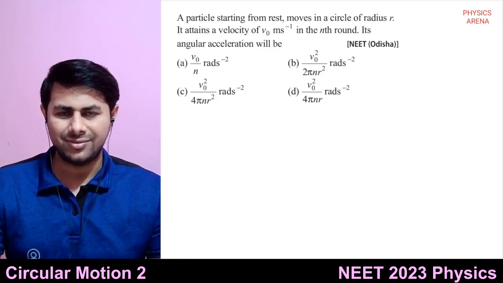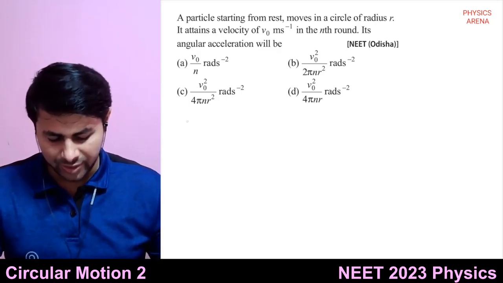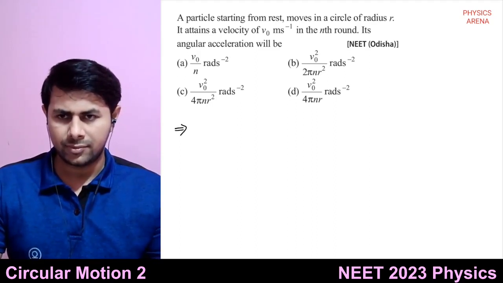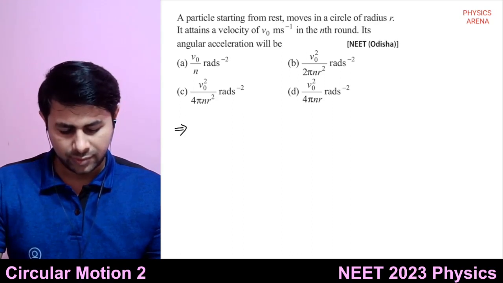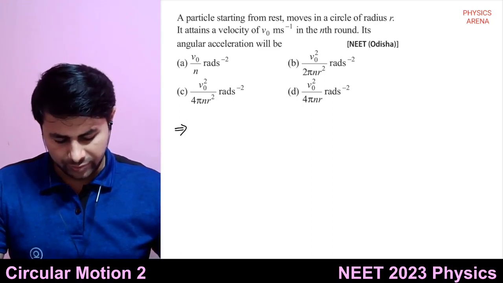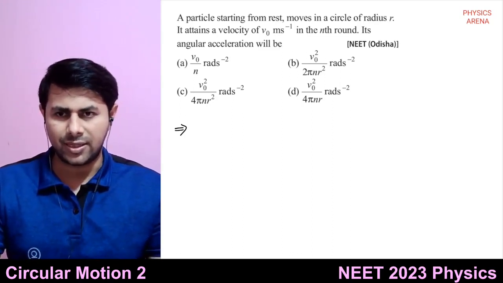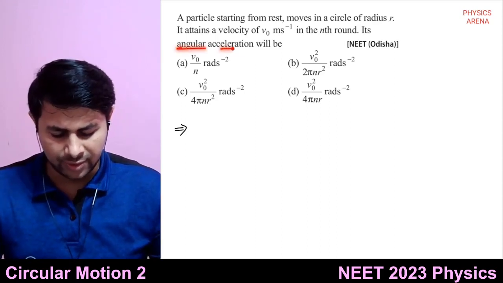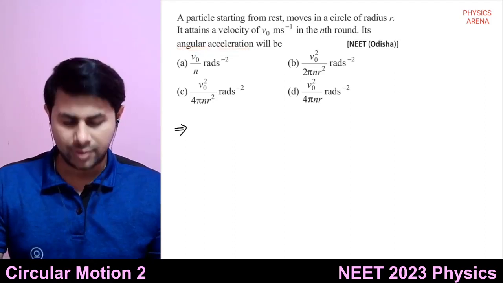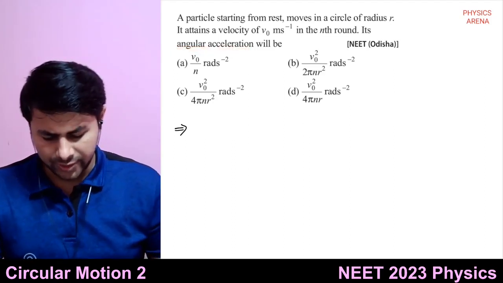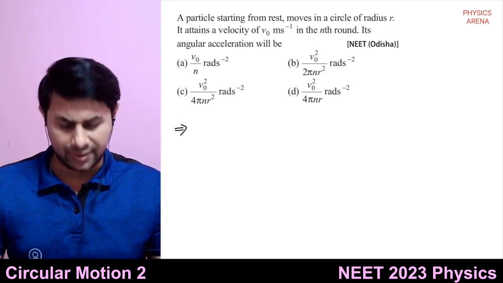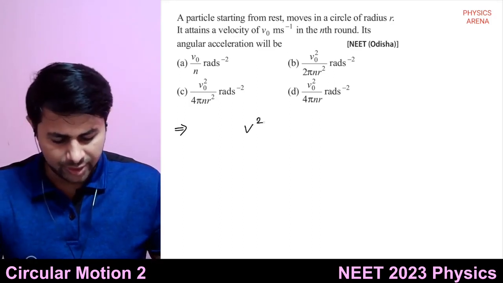Kinematic equation, right? v square equals u square plus 2as. We can use that, but we are asked about the angular acceleration. So we can use v square equals u square plus 2 times a multiplied by s, and from there we can find it.